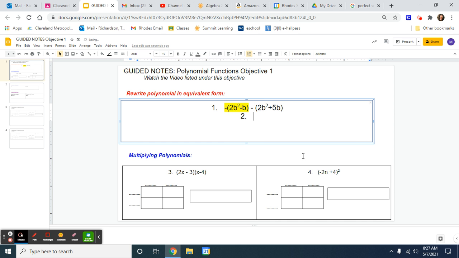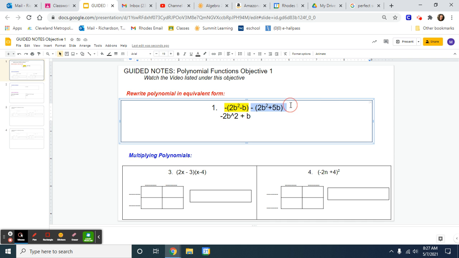If I distribute that negative sign to everything inside, then that first term, which is 2b squared, is going to become a negative 2b squared. Now, if I take this negative sign and distribute it to the second term, which is already a negative b, 2 negatives make a positive. So that's going to become a positive b. So we've taken care of that first parenthesis by distributing the negative out front.